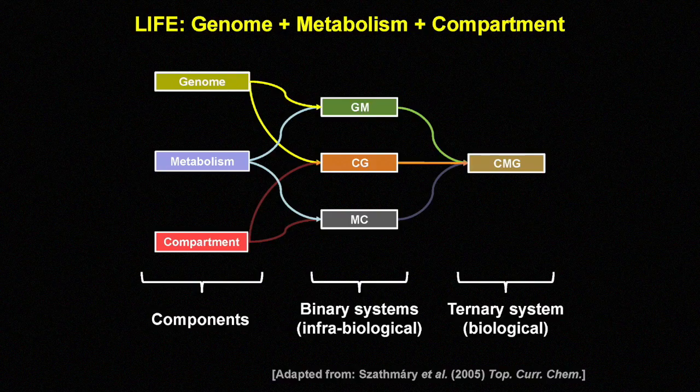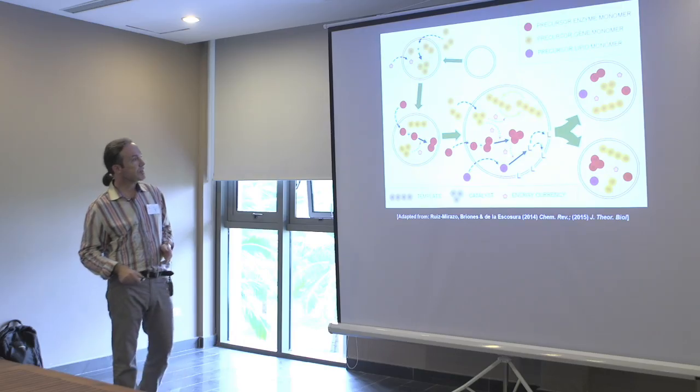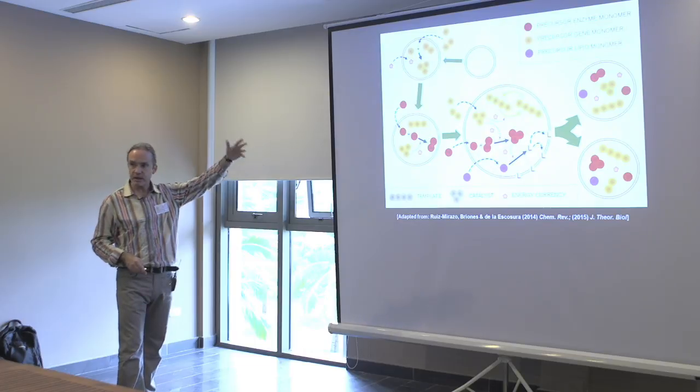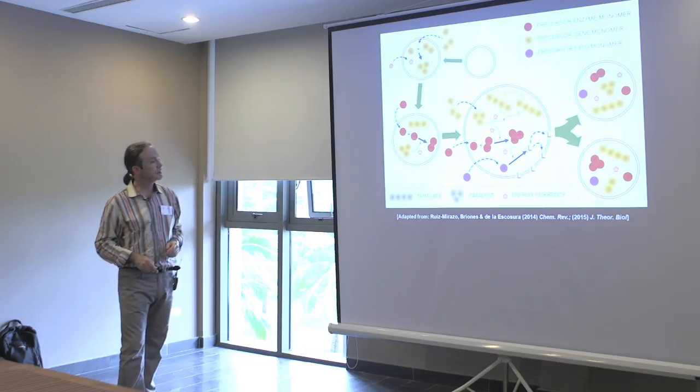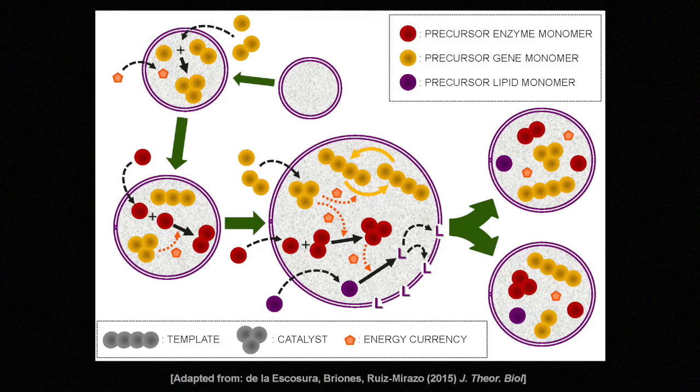And only the combination of these 3 elements gives rise to a ternary system capable of undergoing Darwinian evolution. So, if RNA world is only concentrated on the origin of the genome, it doesn't account for the complexity of life. This is one model we have. I will tell you about it in a couple of days.